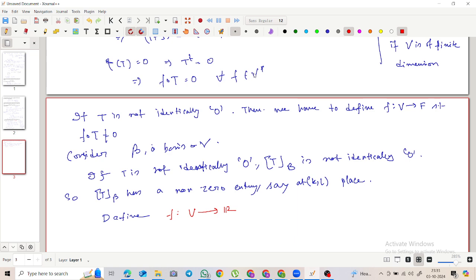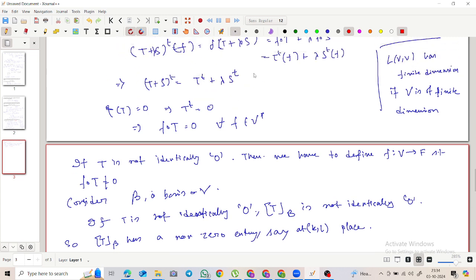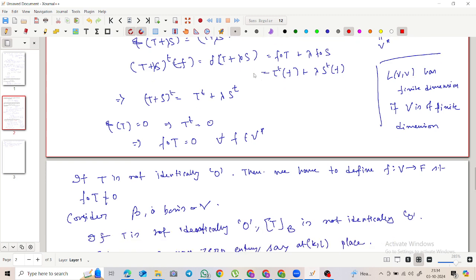If f is from V to R or V star to R. No, f is from V to R, I think, because T transpose is acting on f, right?